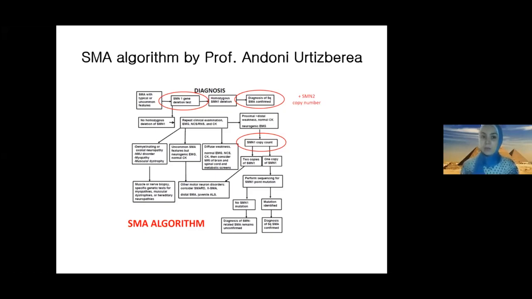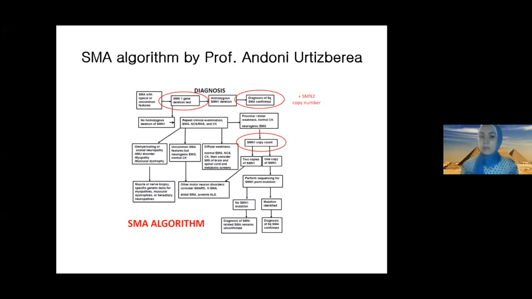But if we do not have genetic testing, or there's no homozygous deletion, which is very common, and especially since not all regions of the world have this genetic testing, then we would have to proceed to EMG, nerve conduction studies, and CK levels. Then using these tests and those algorithms, we can proceed to the diagnosis of spinal muscle atrophy.